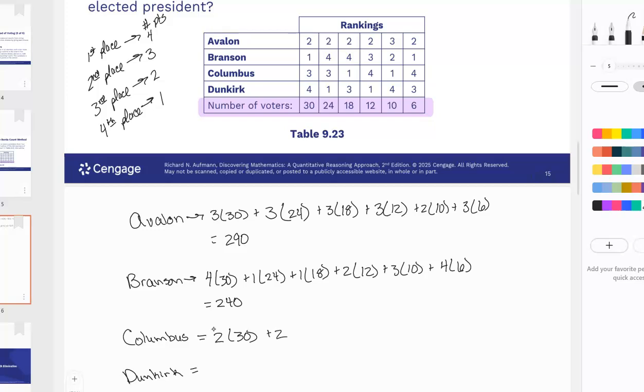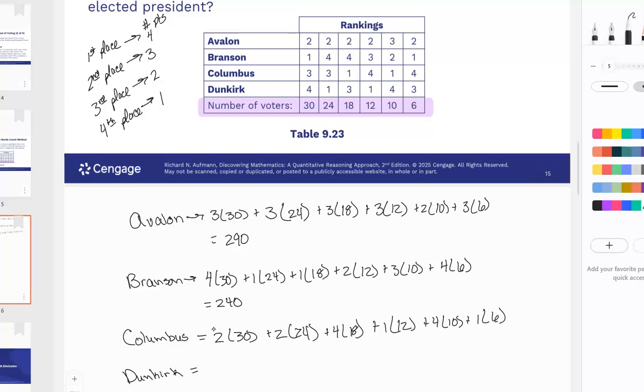Another ranking of 3, which is worth 2 points, and then we have 24 people. Our first place is worth 4 points, ranking with 18 people. Fourth place is worth 1 point, and that's 12 people. First place is 4 points, and that's 10 people. And then fourth place is 1 point, and that is 6 people.